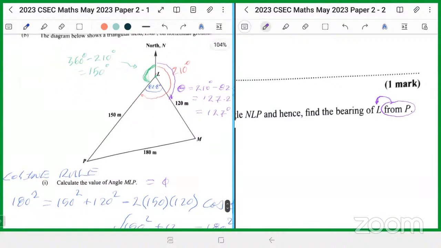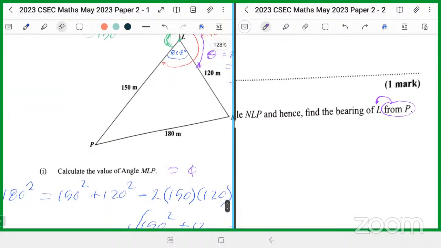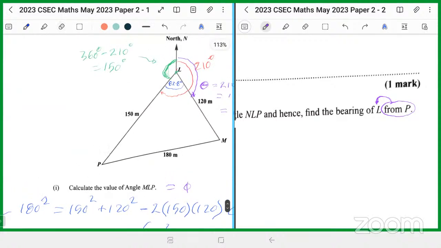So let me take this out of the way. It's like I'm standing at this from position now, right? I have to face north first. Remember, it is a clockwise angle from the north direction. Face north first. That's my north line at the from position. And it's the angle through which I have to turn to the right. I have to turn to the right in order to face L that I'm measuring the bearing to.